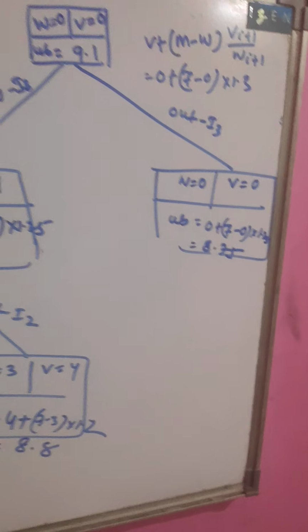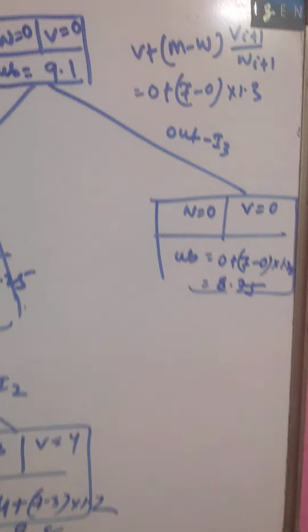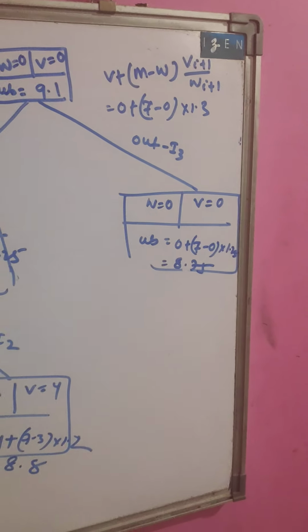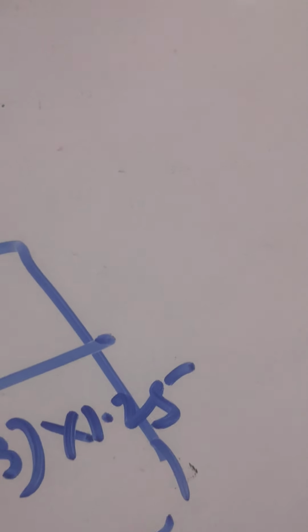Now come to the right hand side. Here I3 has been excluded. Next is inclusion of I2 and exclusion of I2.